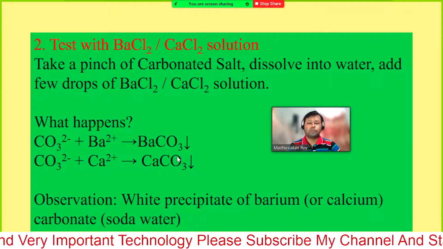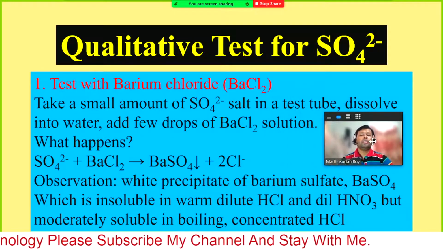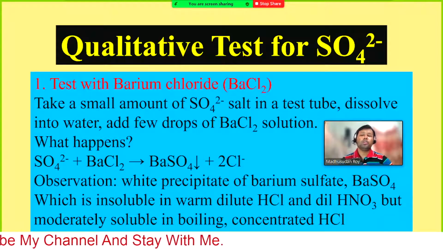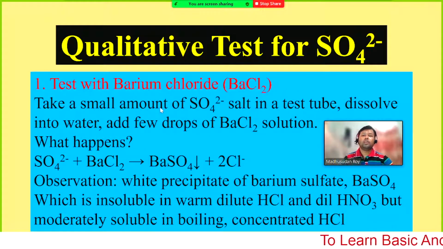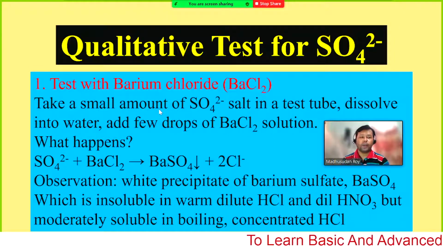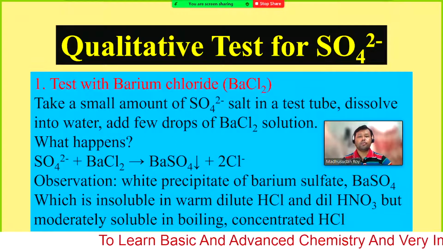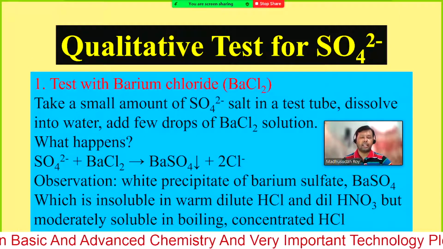Okay, now we will move to the test for sulfate. That is very similar to what we performed in the case of carbonate. We added calcium chloride or barium chloride. That means we now take the sulfate salt and dissolve it in a test solvent, that should be water or something else.